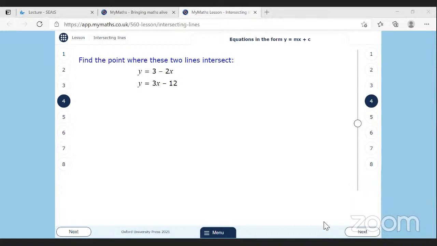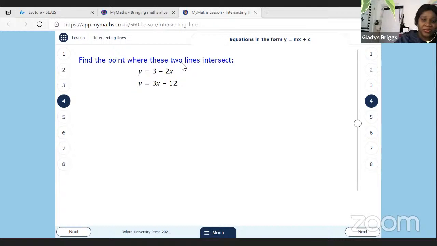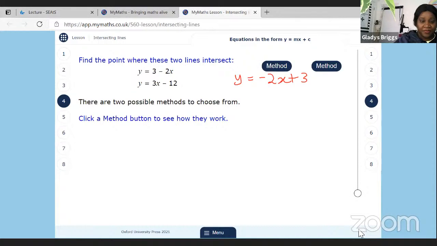Maybe we should rearrange the first one. What should we write? How do we write it? Negative 2x plus 3. Yeah, I see.